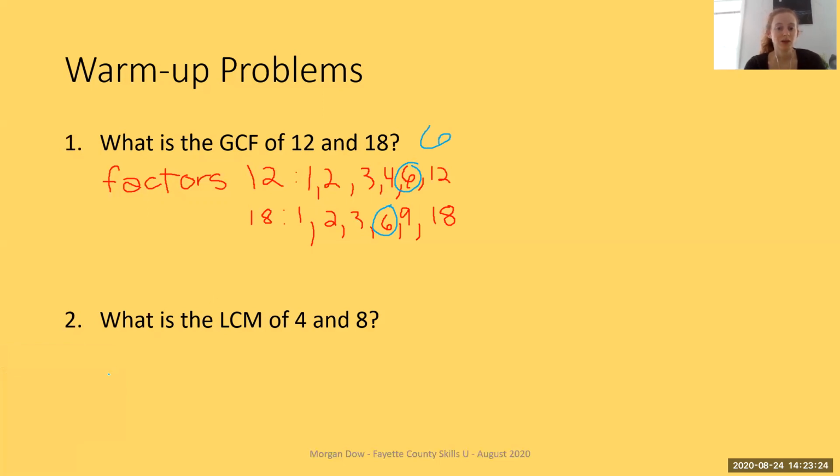All right, number 2, what is the LCM of 4 and 8? So LCM, again, think back to our lesson last week. What does LCM stand for? LCM stands for least common multiple. So we're no longer talking about factors. Now we're thinking about multiples. So we'll get started by thinking of multiples of 4.